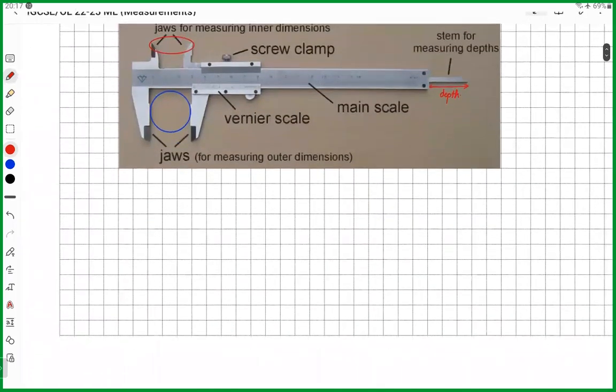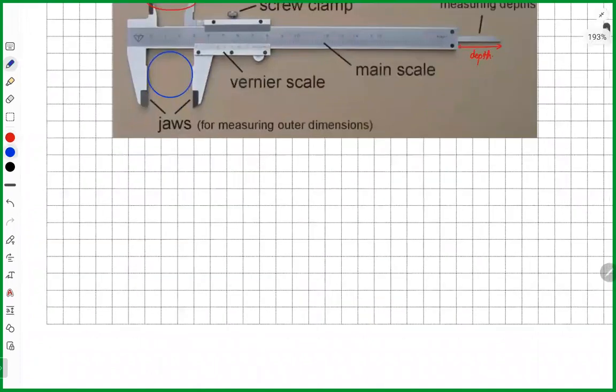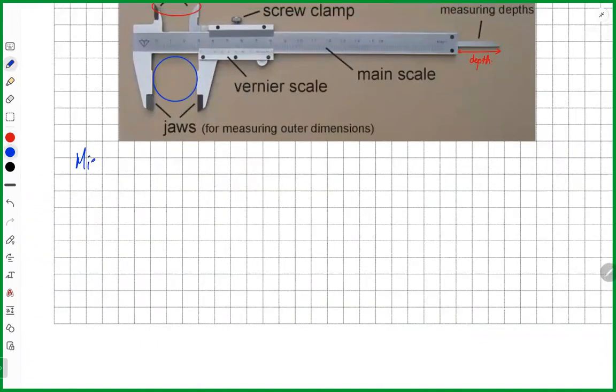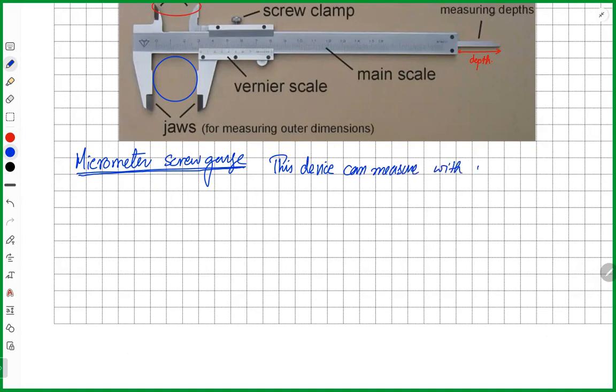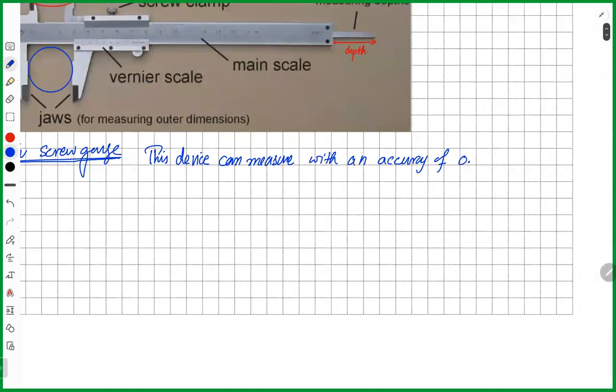Now, micrometer screw gauge. Now, what is this? This device can measure with an accuracy of 1/100th of a millimeter.